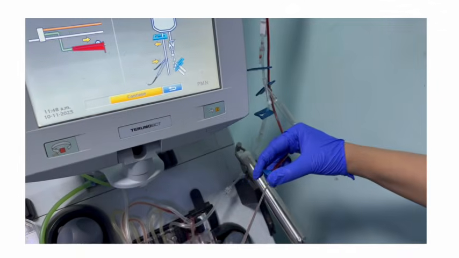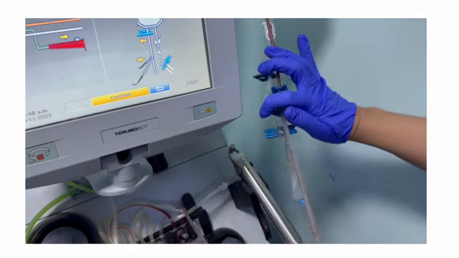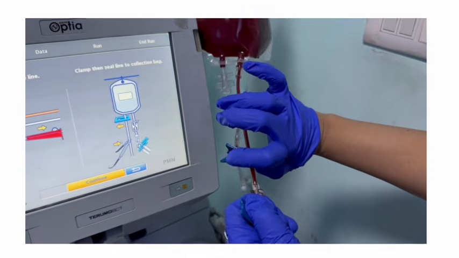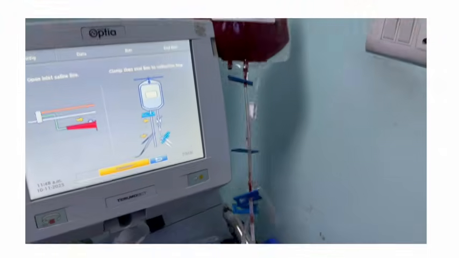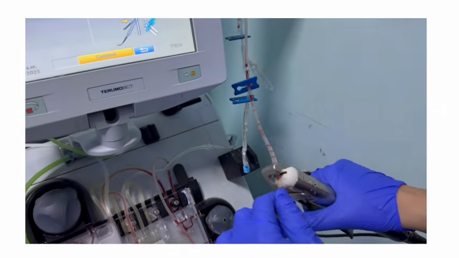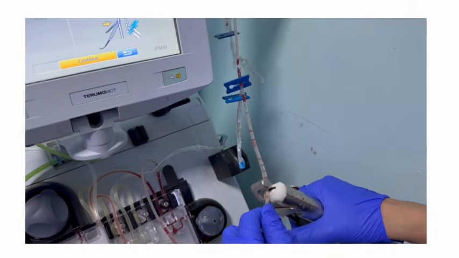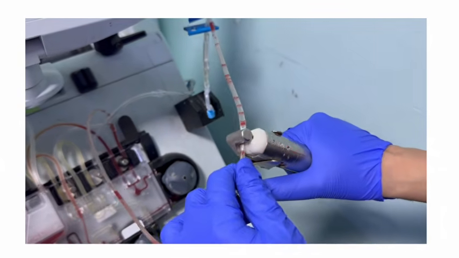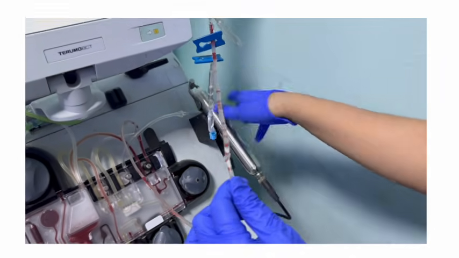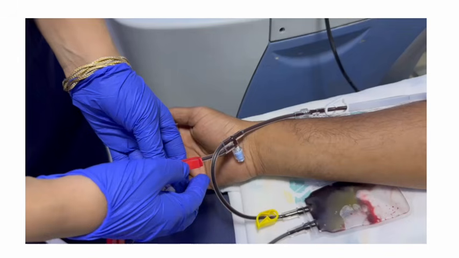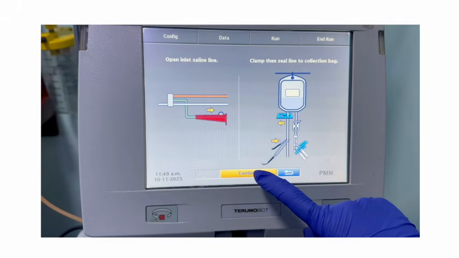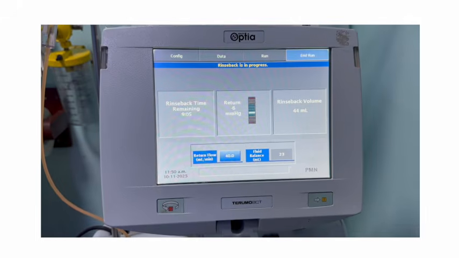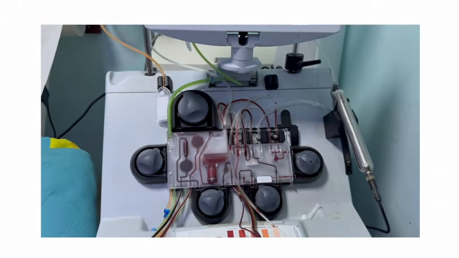Also, the collection bag which has the granulocyte product is sealed and detached from the machine. Continuing with the procedure of rinse back, the blood in the tubing set is flushed with saline and the blood is returned back to the donor.